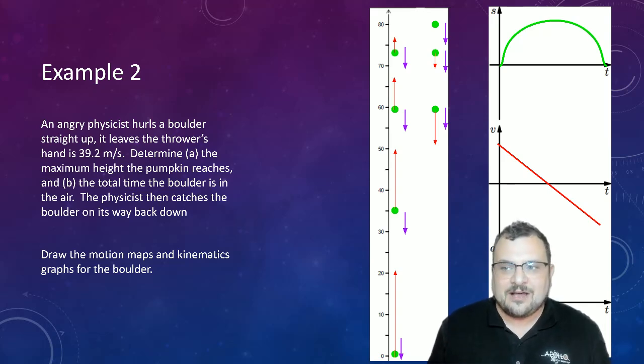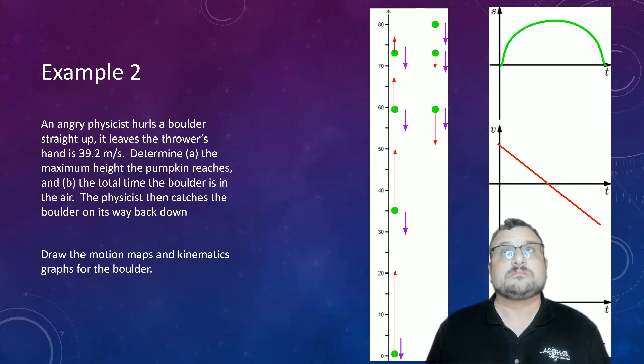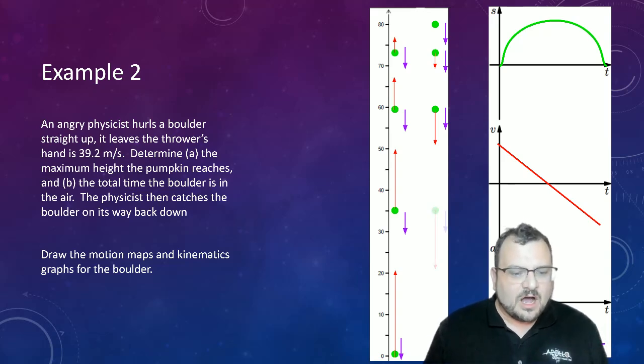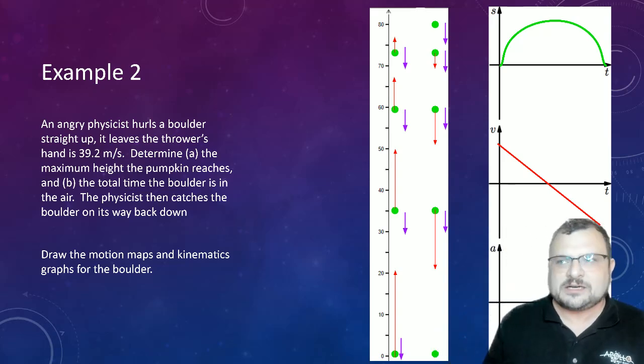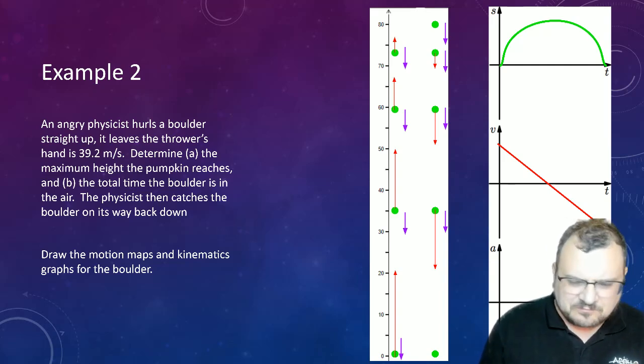We're now coming down at 19.6 meters per second. We're now at 29.4 meters per second, and we are now back down where the Hulk can catch his boulder, and well, now because he's caught it, it stopped, and we are done.